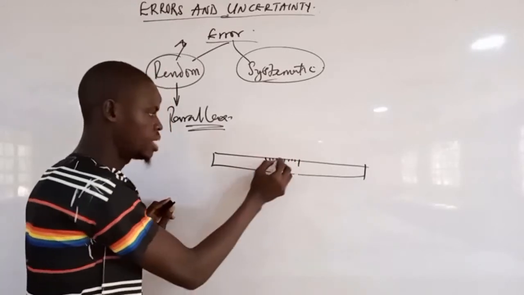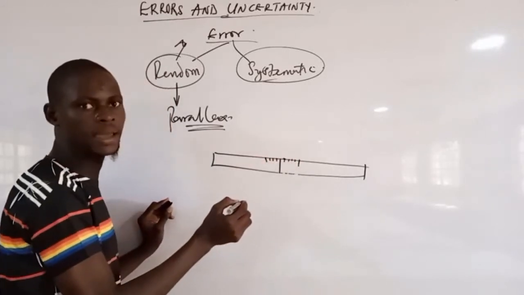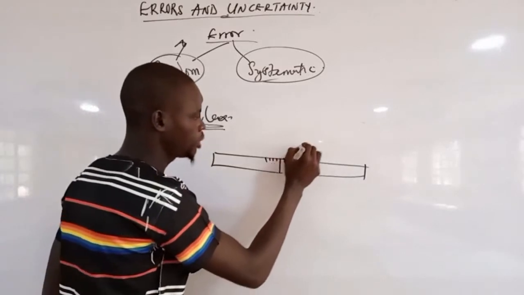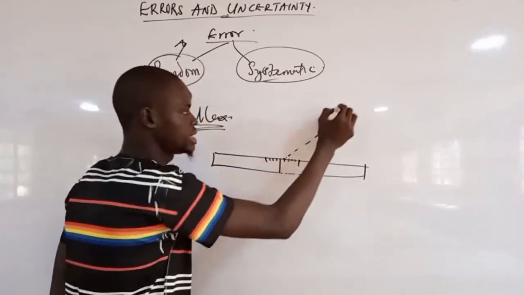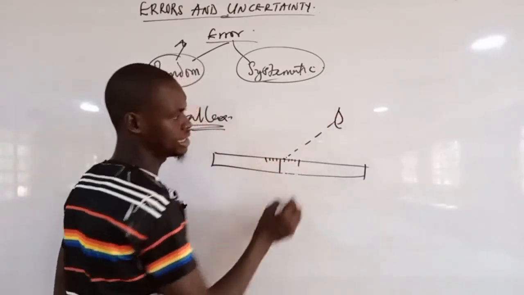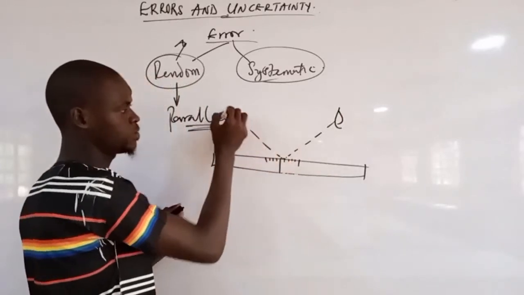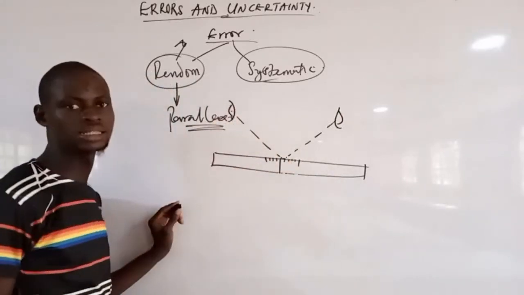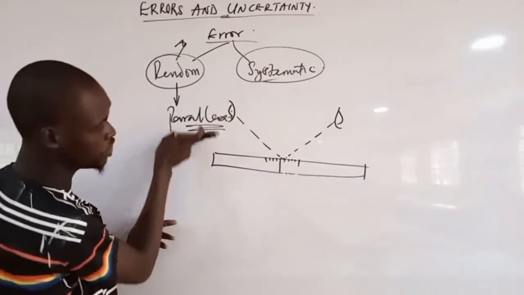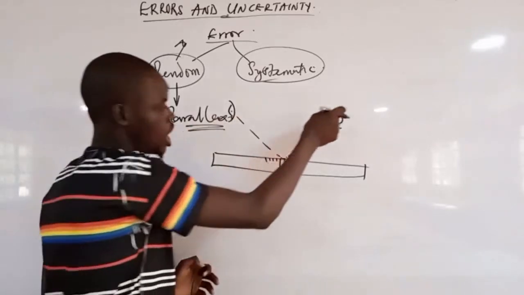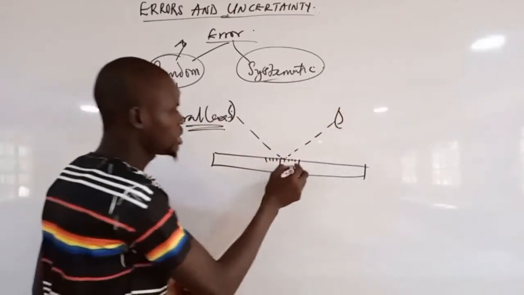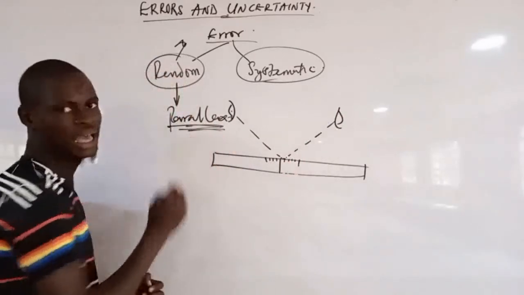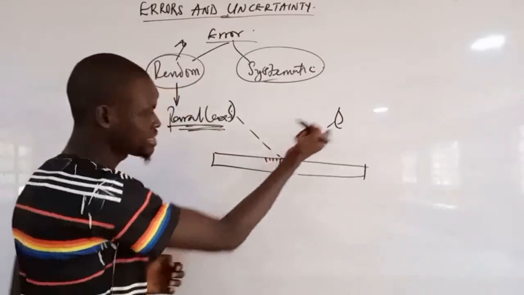Altogether, I want to get the readings at this point here. If I'm positioning my eyes in this direction, in this manner, to look at the instrument, I'm going to be having what we call parallax error.